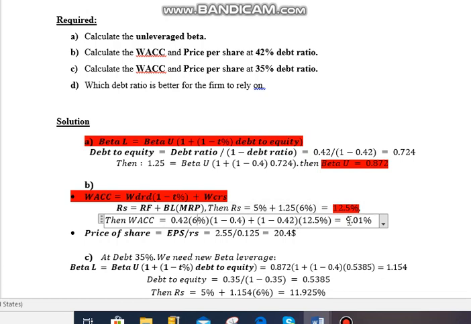So we will get the weighted average cost of capital equal to 9.01%.